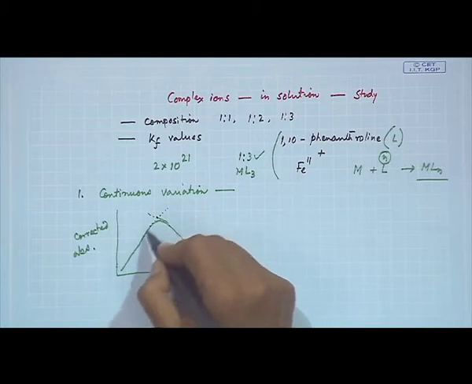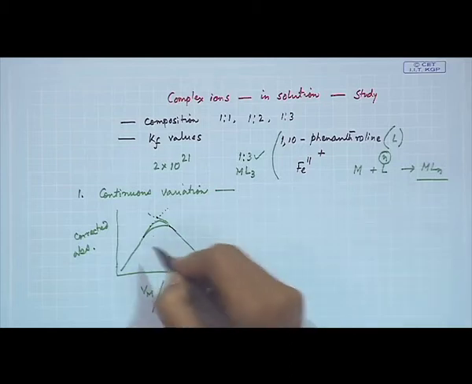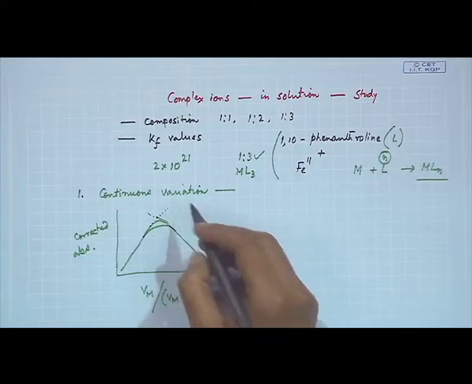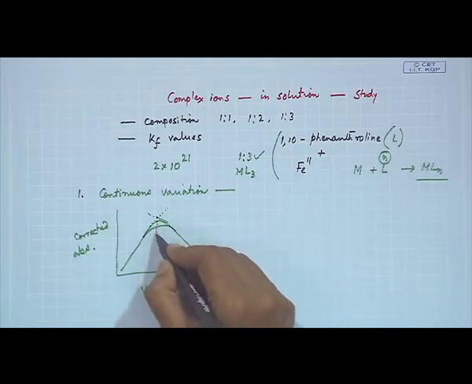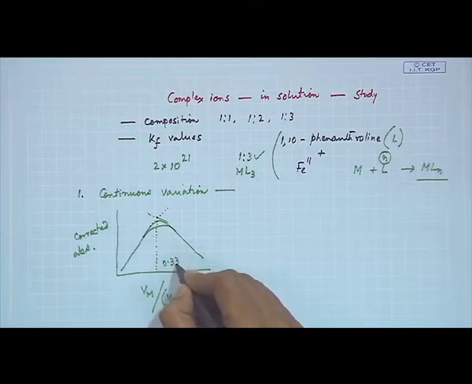What you find is the deviation, how much it deviates from that particular point. That will also indicate the stability of the metal ion complex species. So, when this particular one is 1:3, your Vm by Vm plus Vl value will be 0.33.